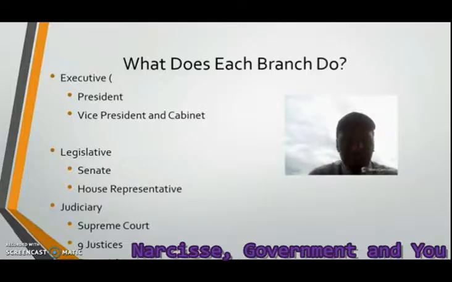For example, the president, the chief of the executive branch, cannot decide to start a war to attack a country because of his own judgment, his own understanding. But the legislative and the other branches could approve that.